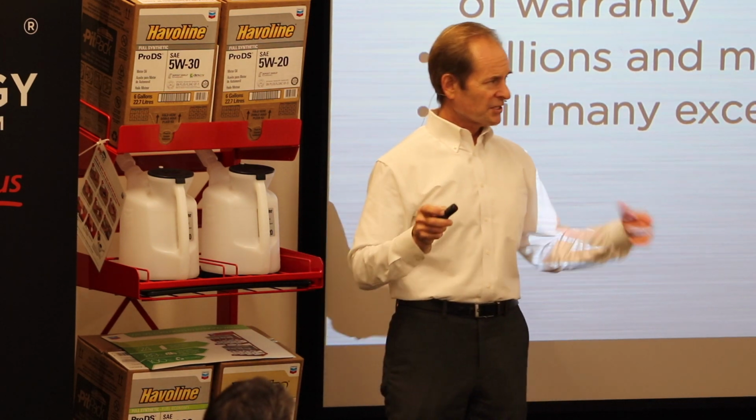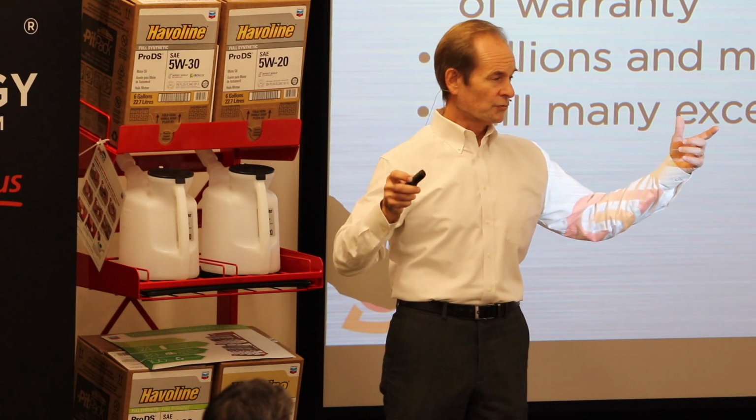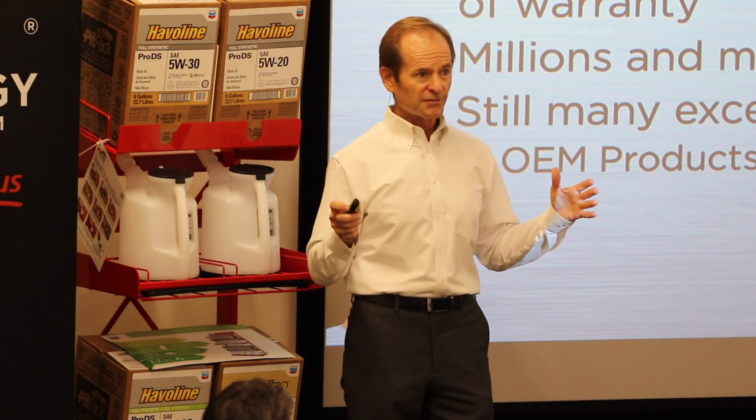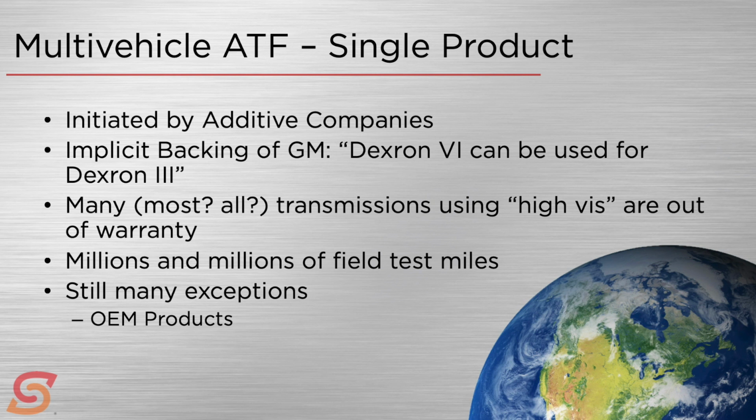Keep in mind that there are still some exceptions even to these universal rules. Certain OEM products, like the dual clutch stuff, these special part numbers probably aren't covered in any of the universal transmission fluids and CVT fluids. Again, such unique requirements, you'd really be hard pressed to get.